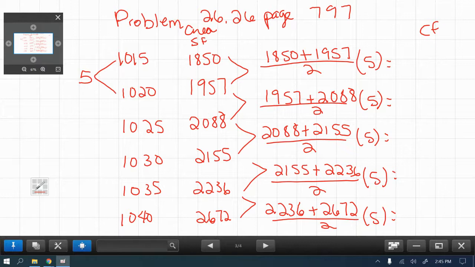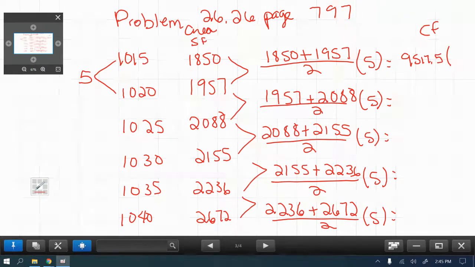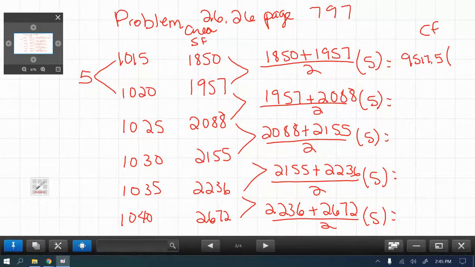You did 1850 plus 1957 divided by 2 times 5. 9517. And if you wanted to go ahead and convert it to acres by dividing it by 43,560, it would be 0.218.